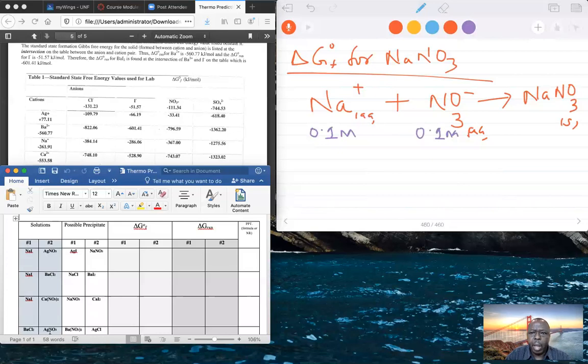Now, delta G naught for this formation is given by the summation of n times the products minus the summation of n times the reactants. So this is what I'll do, and have your calculator, please. I do have mine here.